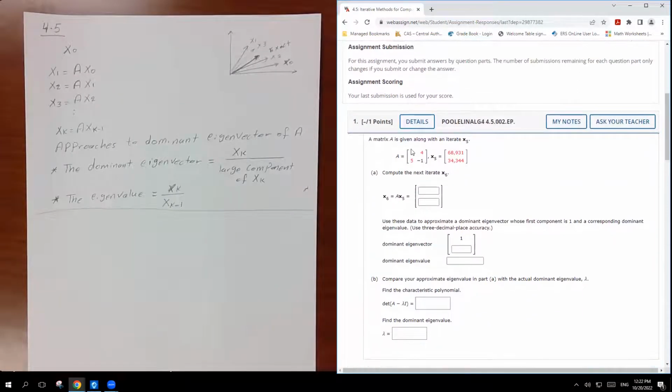If you see here, they're telling you a matrix A is given along with an iterate x5. That means here's our initial vector, it's x5.